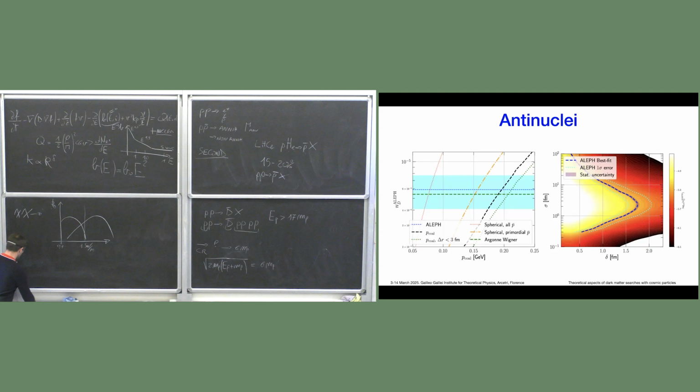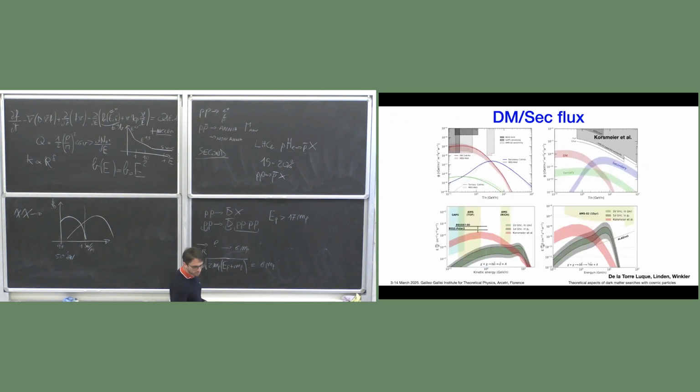For a typical thermal relic cross-section and a dark matter mass of, let's say, 50 GeV, this is the expected shape for the dark matter production, and this is for the secondary production. And the difference in normalization is huge.